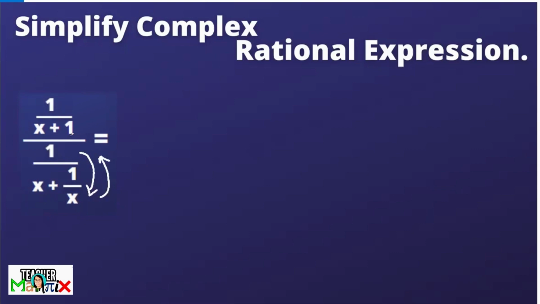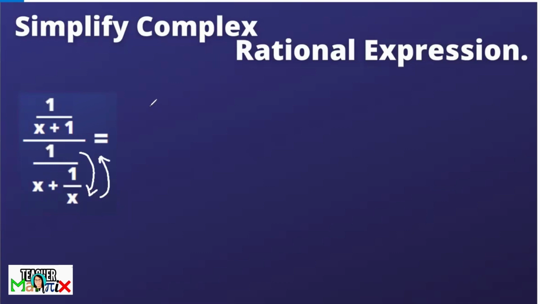When a fraction is being divided by another fraction, recalling the basic arithmetic, when you divide a fraction by another fraction, just simply flip the second fraction. Let's do it this way.